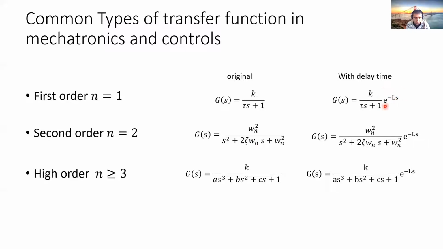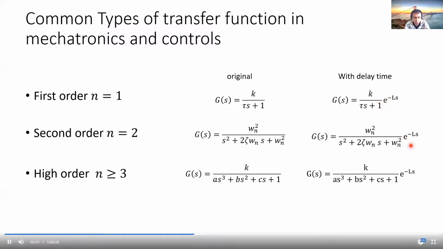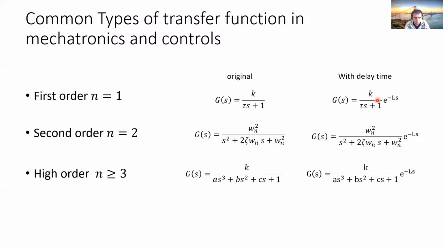In terms of controls, this delay, which we can simply add to any of the standard forms of transfer functions that we see here, could be really challenging to deal with, because we have some delay in our system. So the actions that we execute over the system will take some time to be reflected.